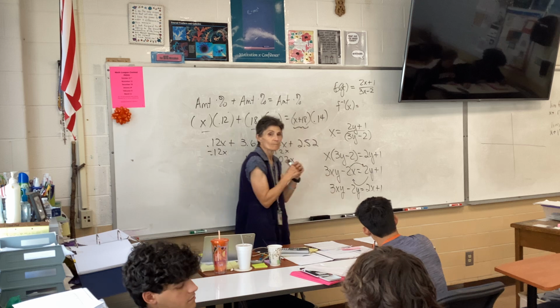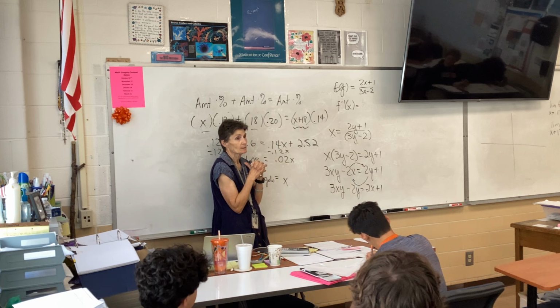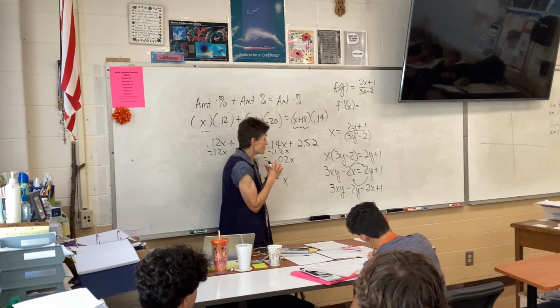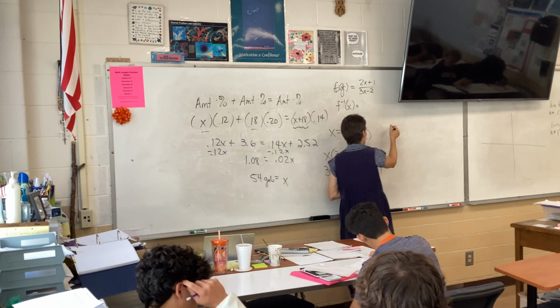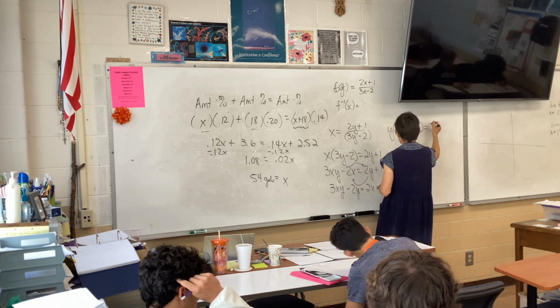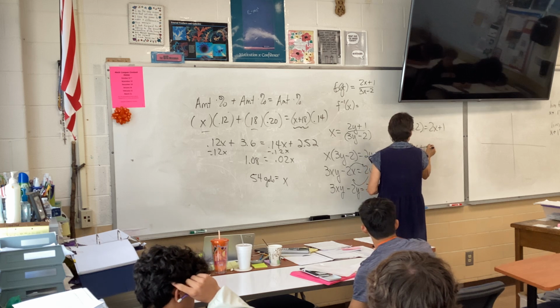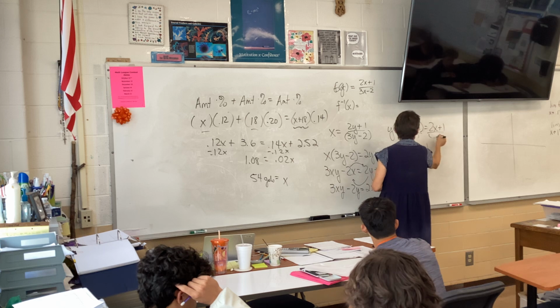Okay. Remember, I'm solving for y. So now I'll factor out the y. So I only have 1. And then I divide. And that is my answer, because I'm going to divide by this parentheses.